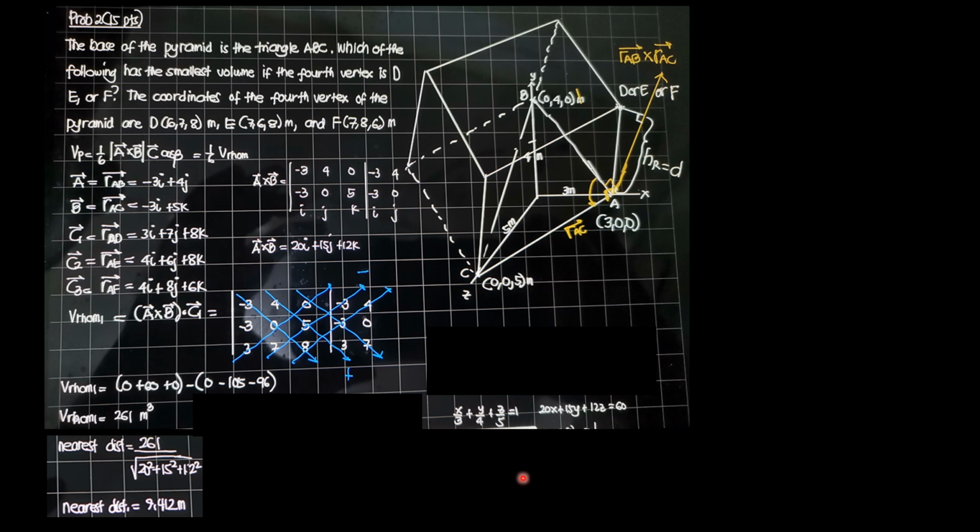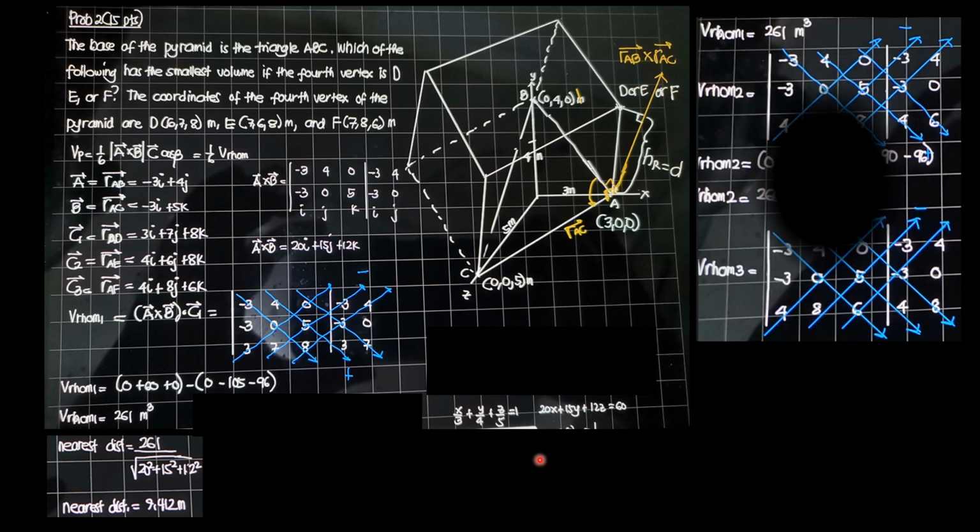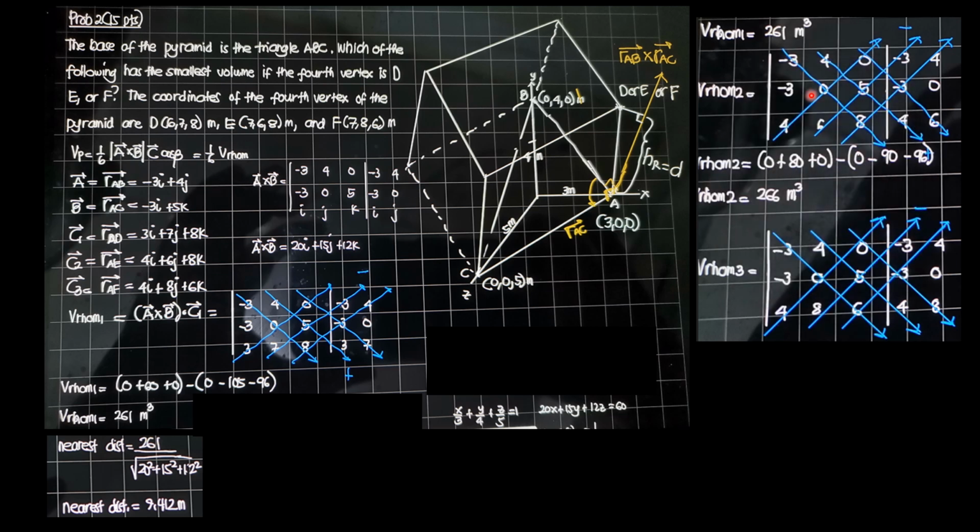Then for rhomboid number 2, for volume of rhomboid 2, it is A cross B dot C sub 2. So we copy components of A, components of B, then components of C sub 2, which is 4, 6, 8, then copy 4, 6.